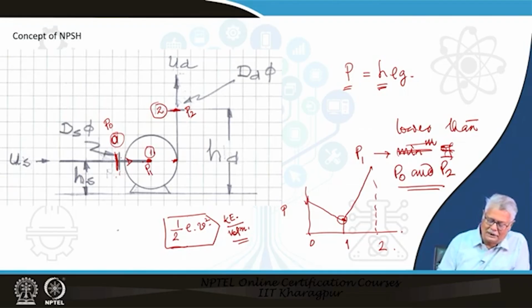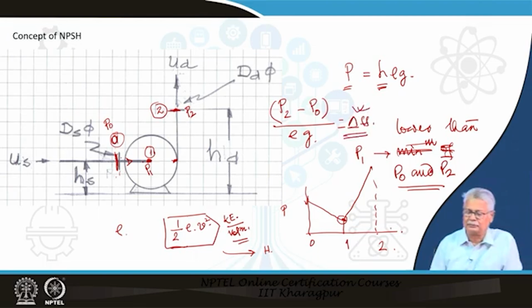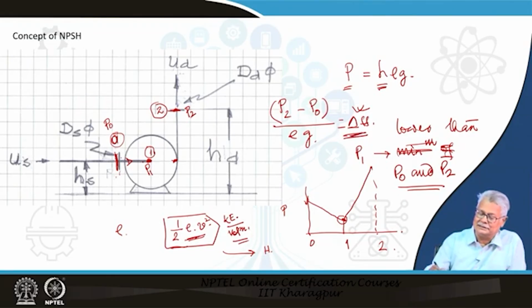If your rho comes down, this is what gets converted to head, and I am really interested in the head developed by this particular pump, which is basically P2 minus P0, and if I am talking of head, I must divide it with rho into G, which is equal to delta H. So, I am really interested in my delta H to be developed by this. Higher this value, more will be my delta H.